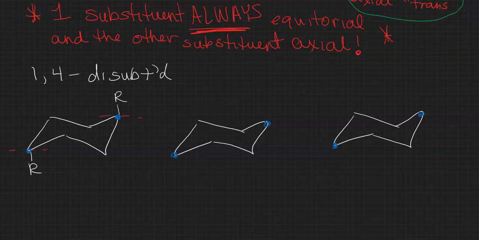We can have a structure in which both groups are axial. And if both groups are axial, this represents a trans molecule.